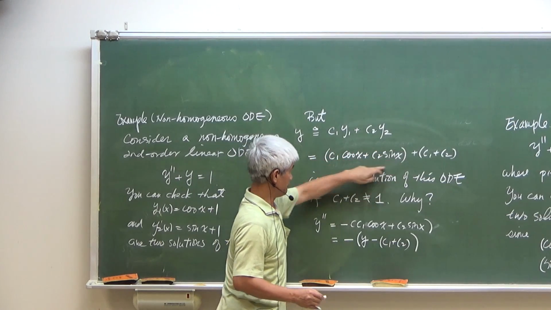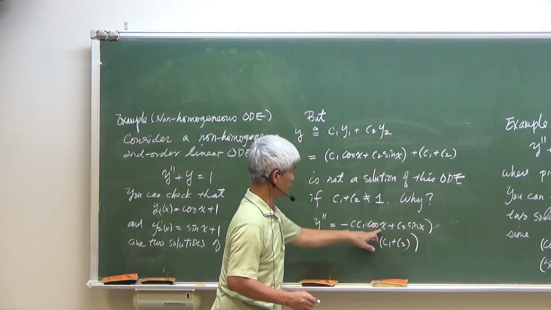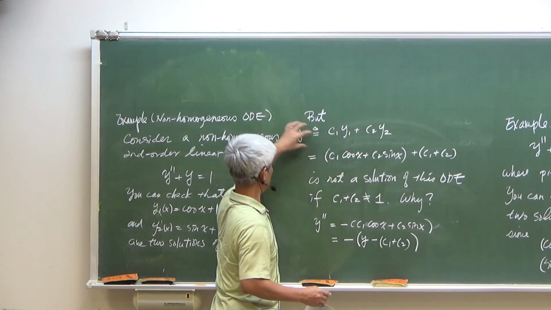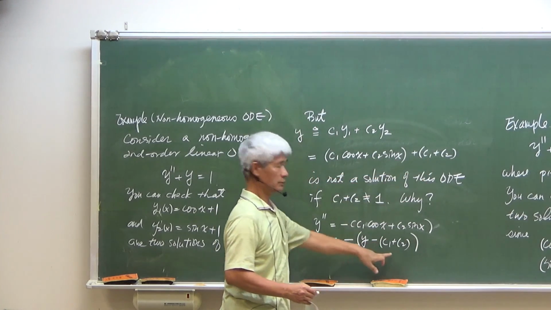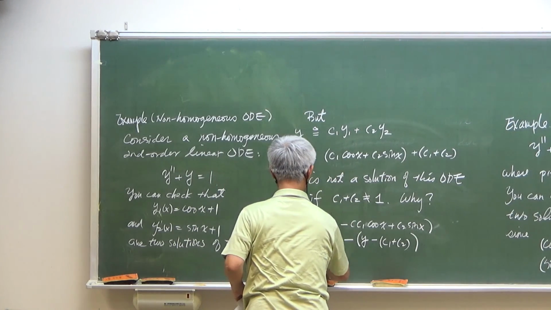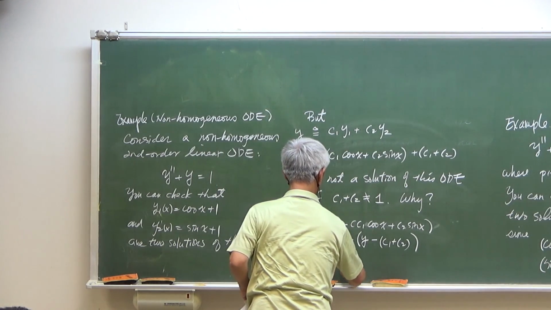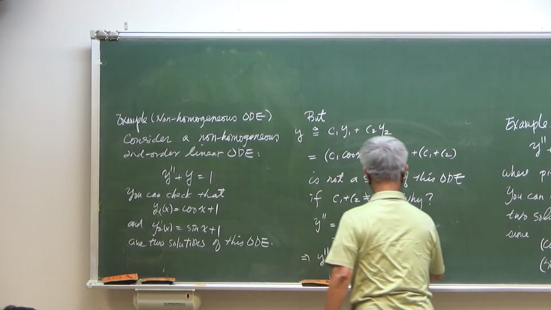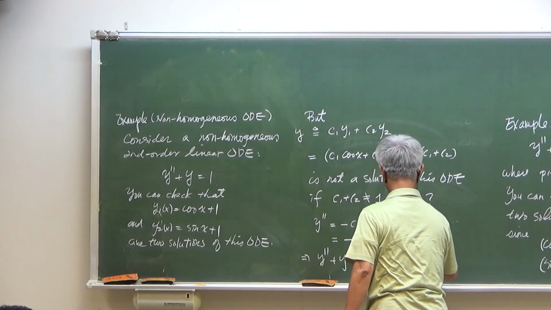So this sum, the function in the parentheses, is equal to y minus this constant. So we have this, and this is equal to 1.